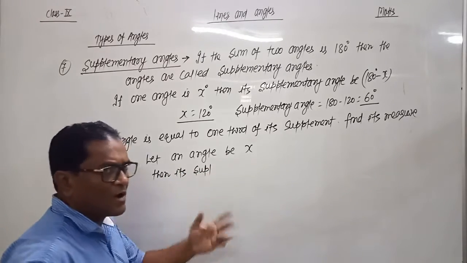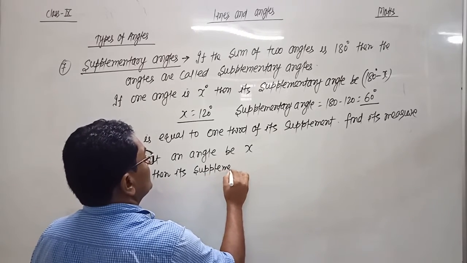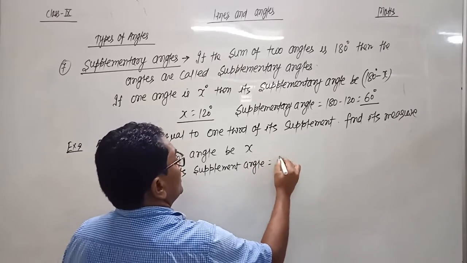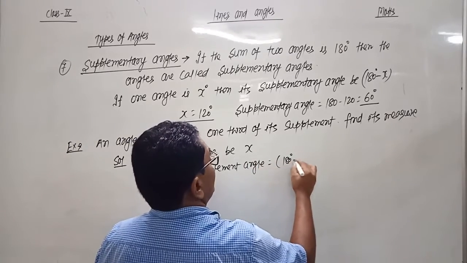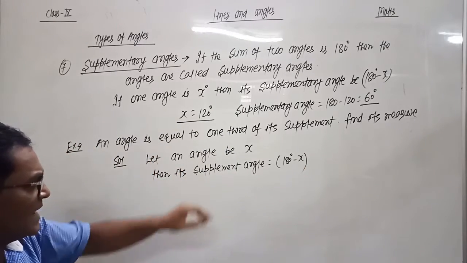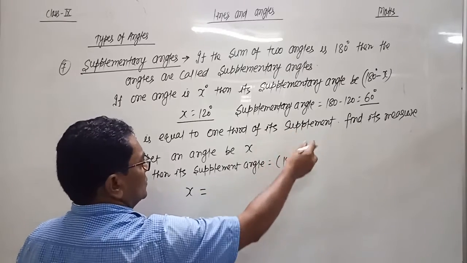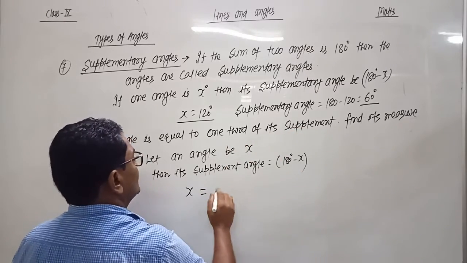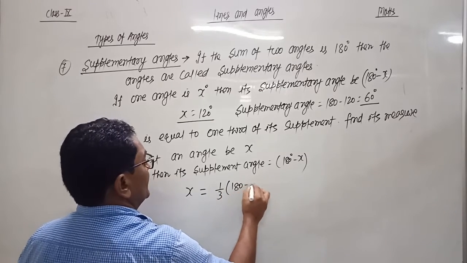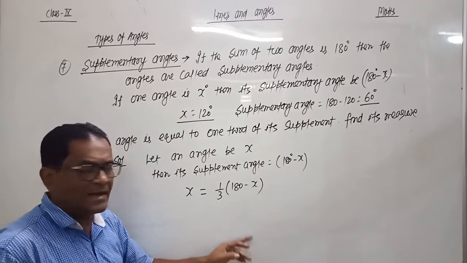Supplement is the short form of supplementary. Then its supplement angle is equal to 180 degrees minus x. And we are given that the angle, meaning x, is equal to one third of its supplement. One third means 1/3 into the supplementary angle, so x equals 1/3 into (180 minus x).